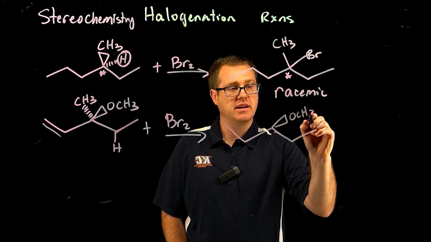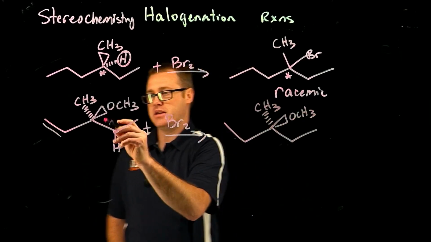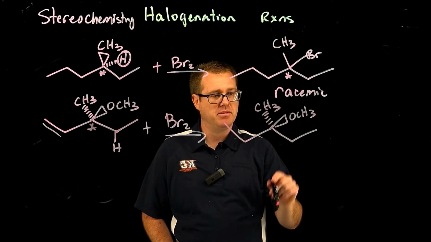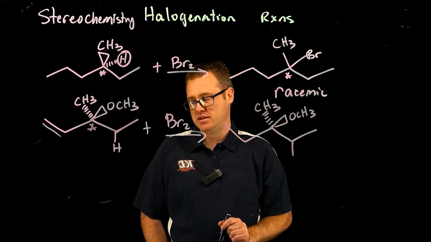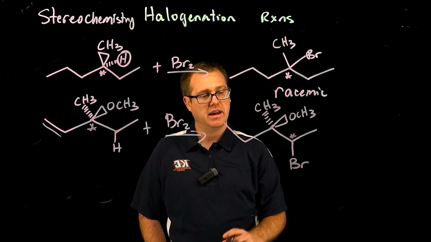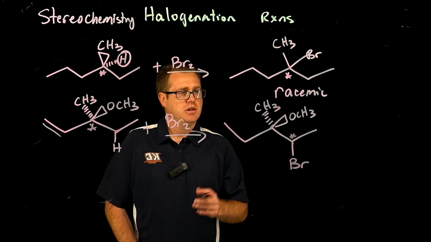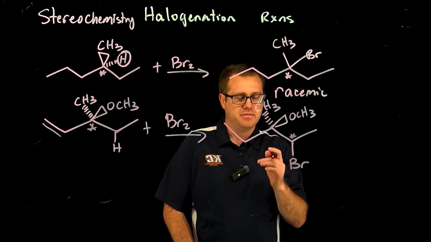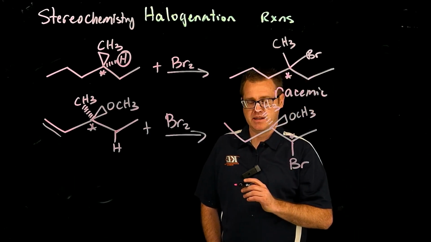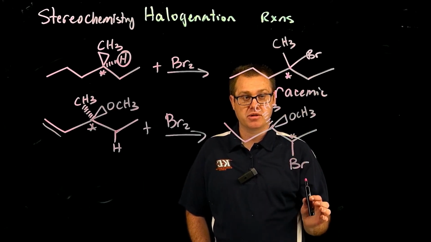That stereocenter was never touched. This stereocenter was never touched. But what has now happened? We have converted that other carbon right there into a stereocenter. So what's going to happen here now? Well, this one's going to be interesting because now what we're forming are diastereomers.